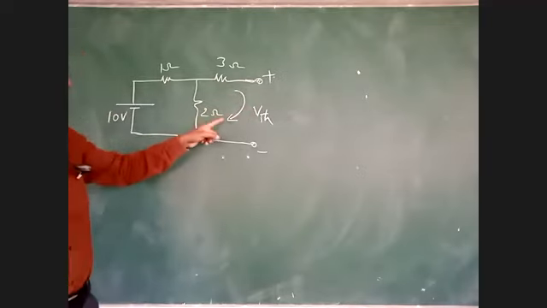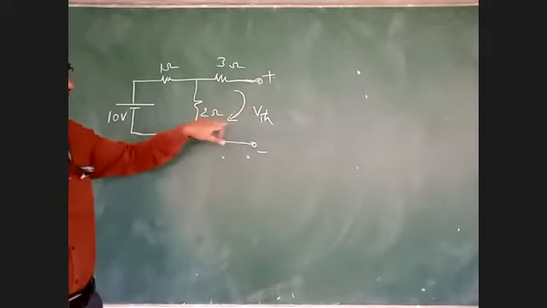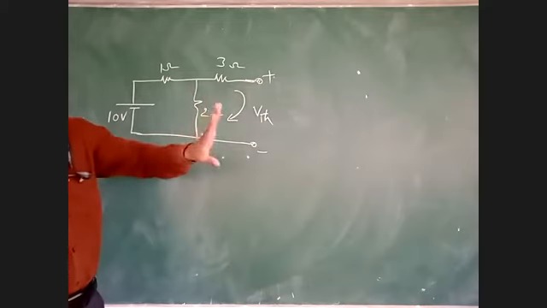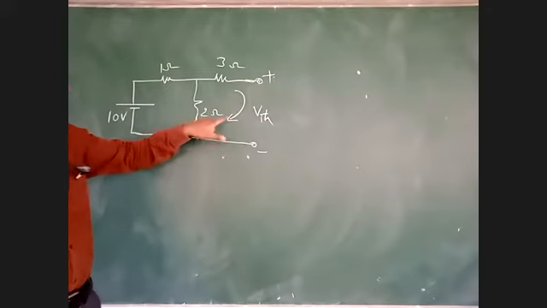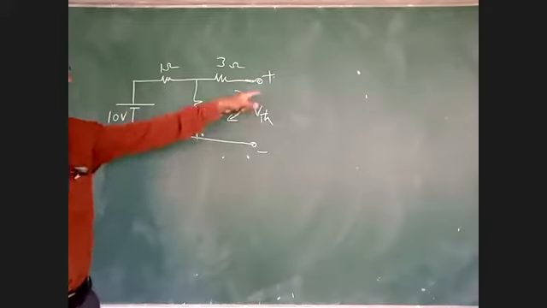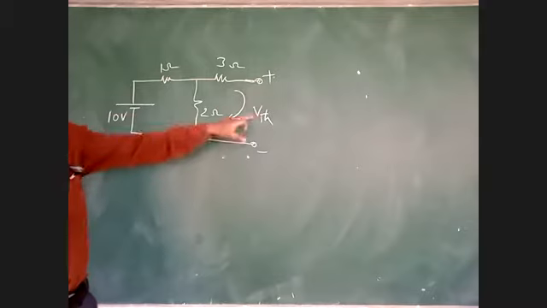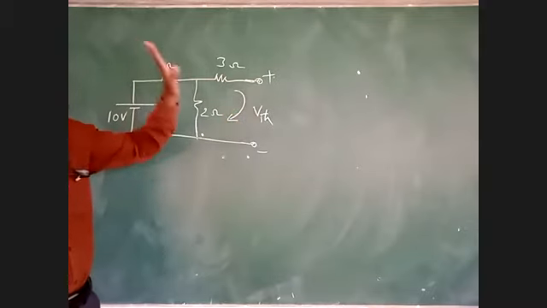I am considering this direction for VTH as a reference direction. This is not the current direction. Please remember, I won't keep plus and minus for this arrow, because your current is 0 in the open circuit. For determining VTH only, I am considering this.